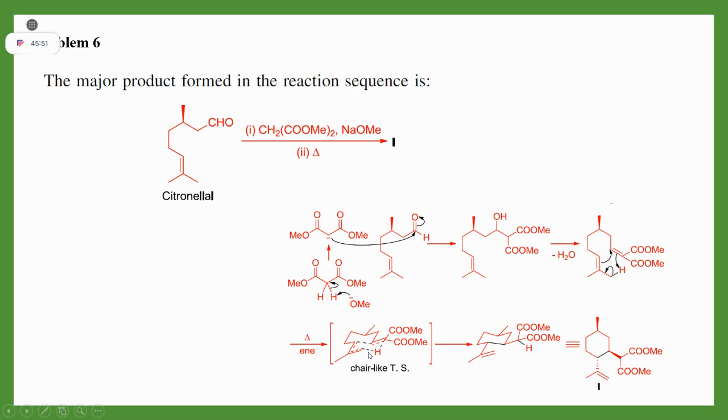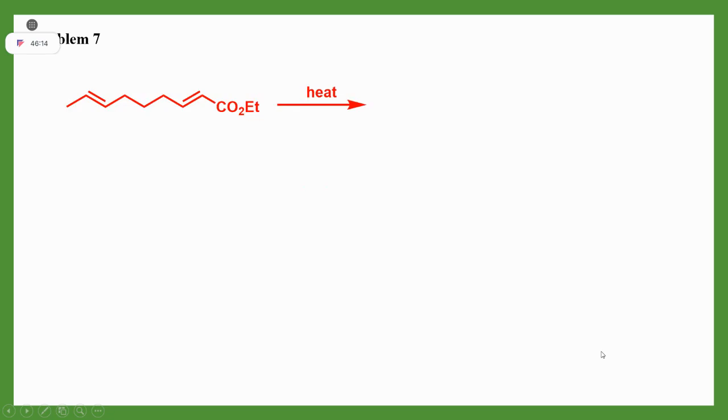This hydrogen is going to transfer to this carbon, yes or no? Because this hydrogen is going to transfer to this carbon. They have drawn a six-membered chair of that ene reaction, and you can see that at this carbon containing 2 CO2Me, this is going above. So in product this is above.